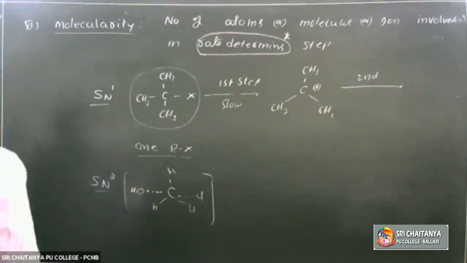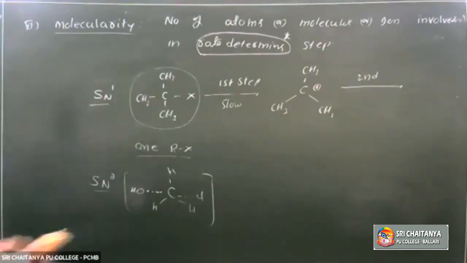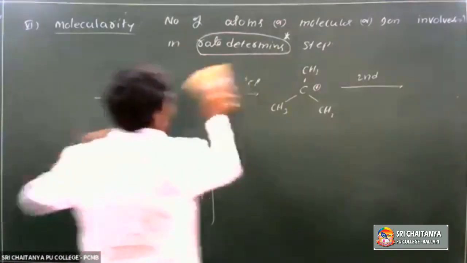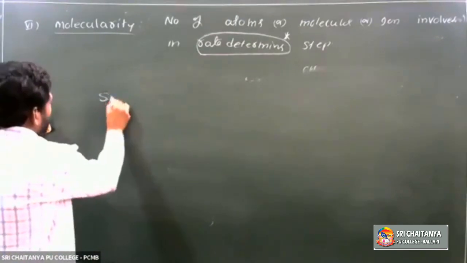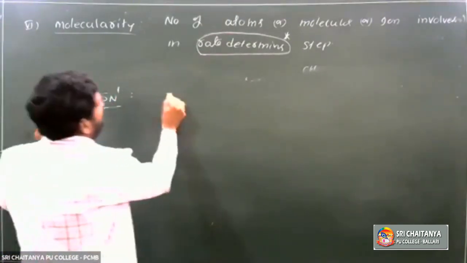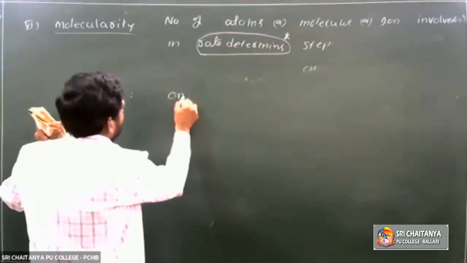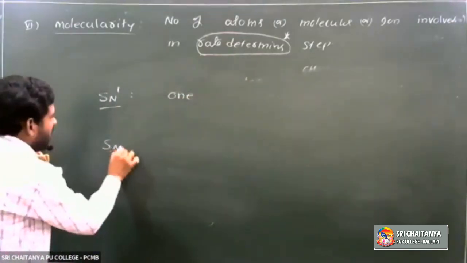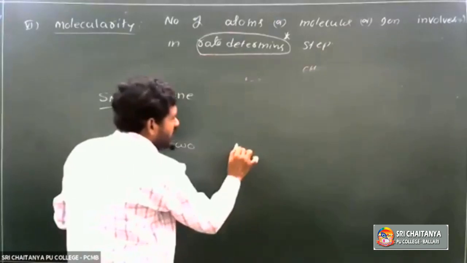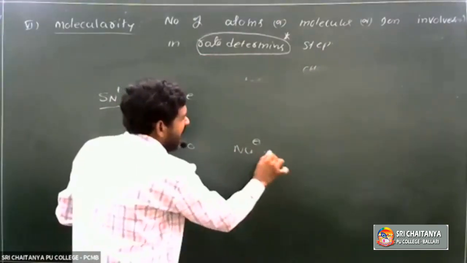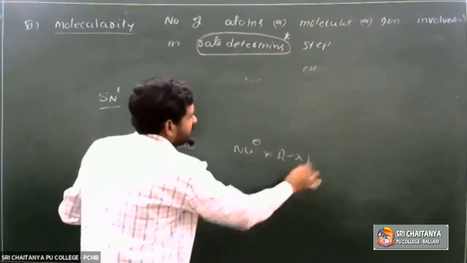In SN1 mechanism, molecularity is 1, whereas in SN2 reaction, molecularity is 2, that is nucleophile and alkyl halide.